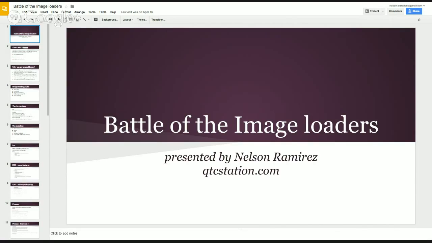Is there any size limit for an image? I'm sorry, I didn't hear the question. Is there any size limit for image? So he's asking about size limits. Have you ever run into a problem with really large images? The native bitmap decoder in Android has a hard limit of, I think, a 4,000 by 4,000 pixel image.